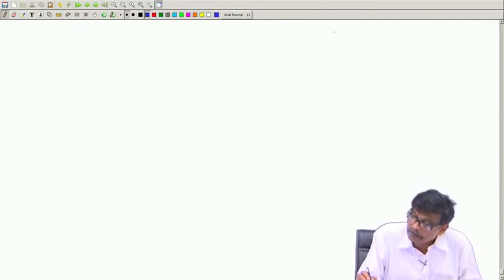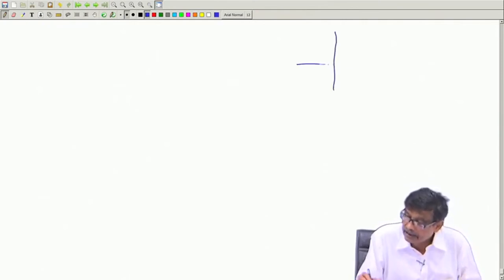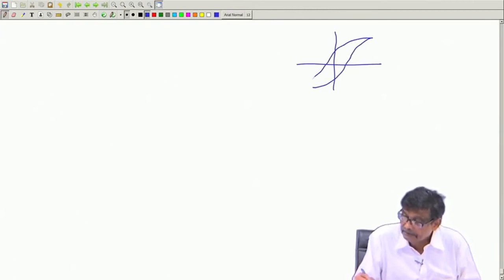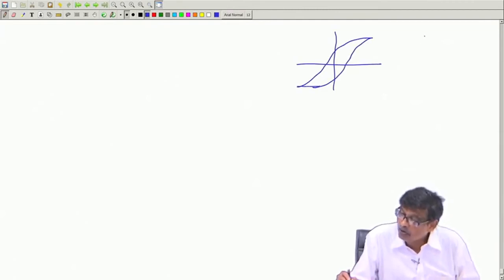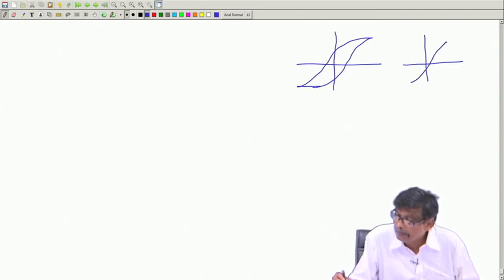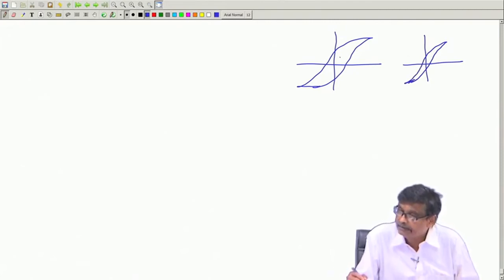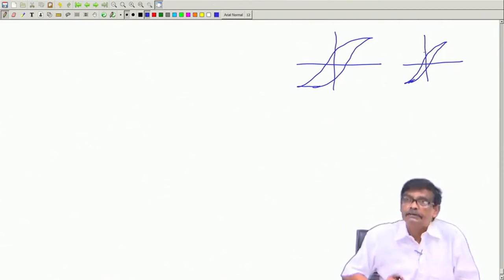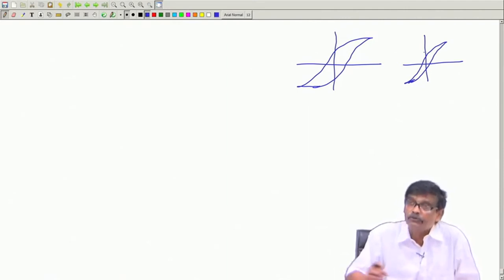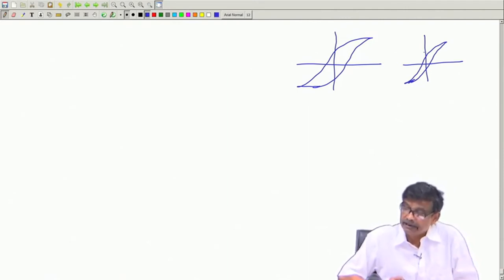That is, for example, if somebody uses a material like this, or instead of that, if somebody uses a material like this, the hysteresis loss will be much less than this. That is the idea: choose the magnetic material in such a way that the area enclosed by its BH curve is as small as possible.